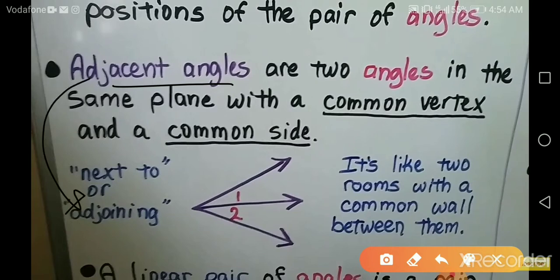It's like two rooms with a common wall between them. Angle 1 and angle 2 are like rooms with a common wall. So this is called adjacent angles.